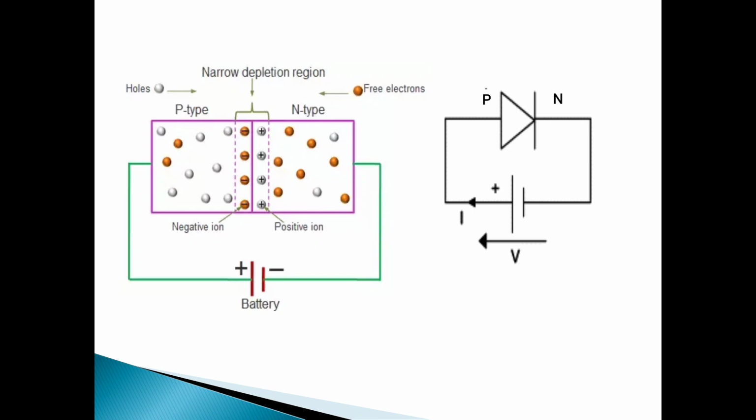Now in this diagram we can see a PN junction which is being forward biased because the P-type semiconductor of the PN junction diode is connected to the positive of the battery. In the P region the majority carriers are holes, which are repelled by the positive of the battery, due to which the holes gain the energy to cross the depletion region or the potential barrier and move from P region to N region.